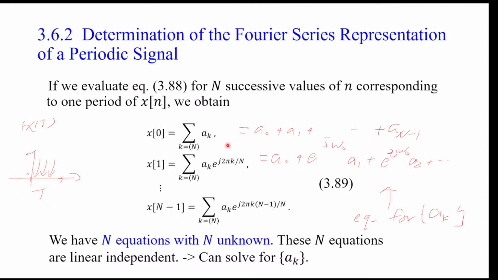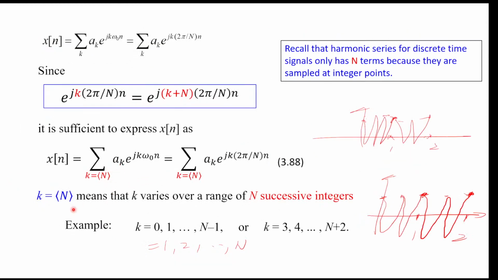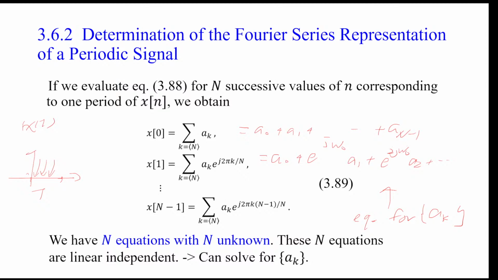And you can think of this synthesis equation as a linear combination of your a_k. As we see, a_k also only has big N different numbers, because a_k equals a_(k+N), since harmonic k equals harmonic k plus big N. So we only have N different a_k: a0 all the way to a_(N-1). And you can write down this set of linear equations.